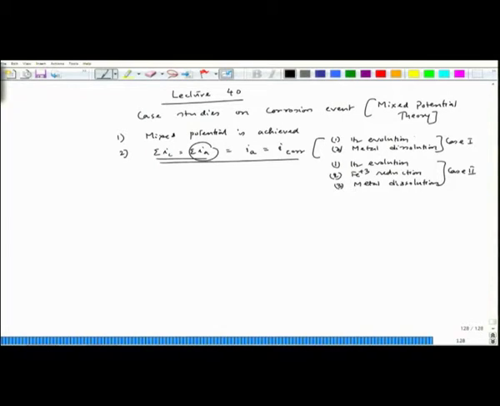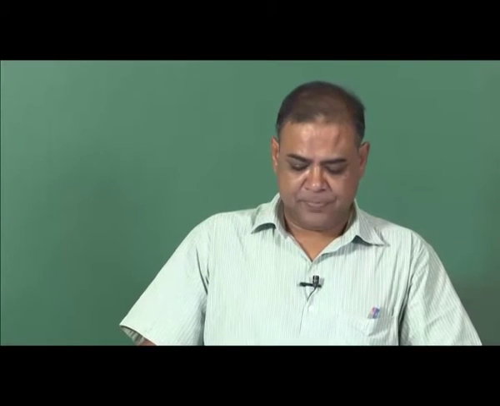In case 1 we had only one cathodic reaction, but this cathodic reaction was taking place on two surfaces. One was on zinc surface, another one was platinum surface. And in the second case we had two cathodic reactions, one is hydrogen evolution, one is ferric ion reduction, and one oxidation reaction in both the cases, metal dissolution, which is the main oxidation reaction or corrosion reaction happening in both the cases.